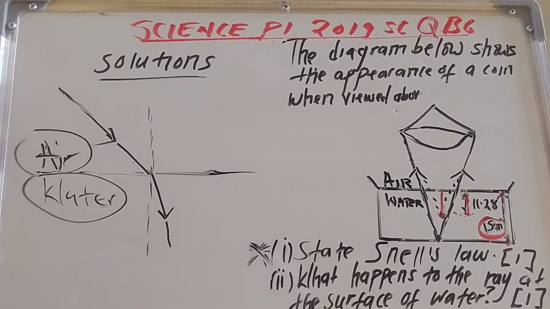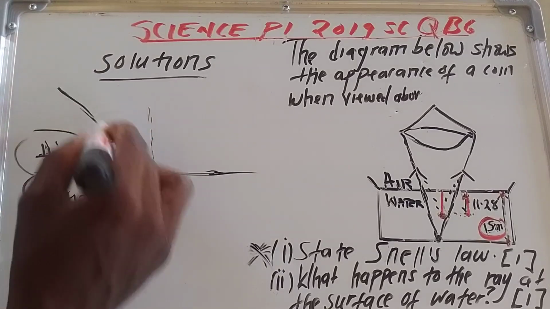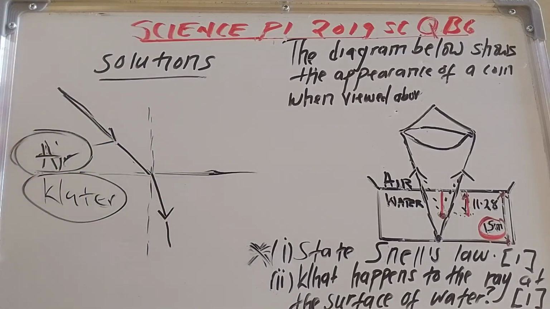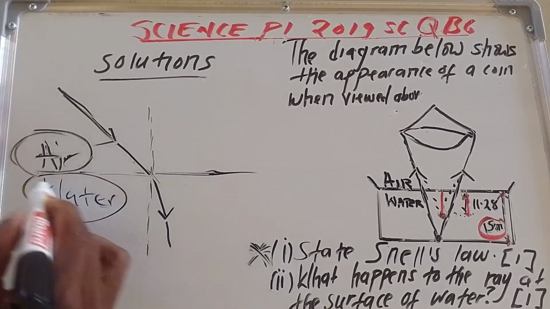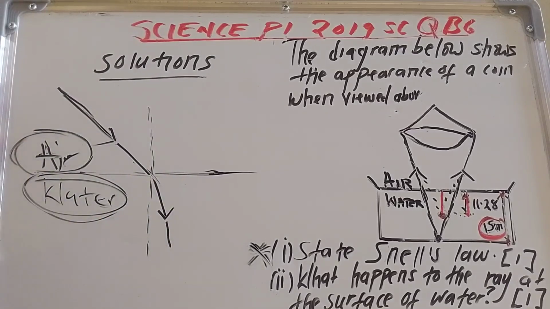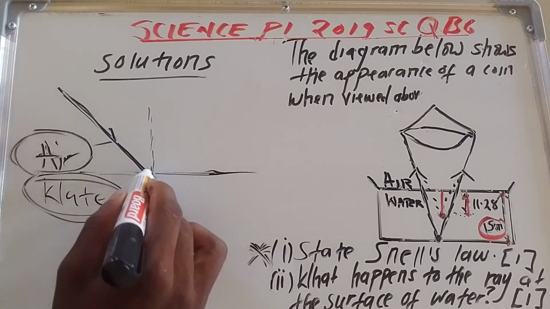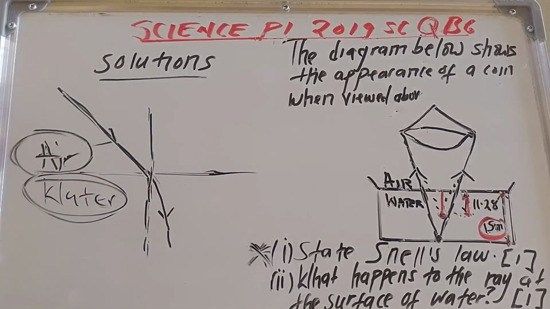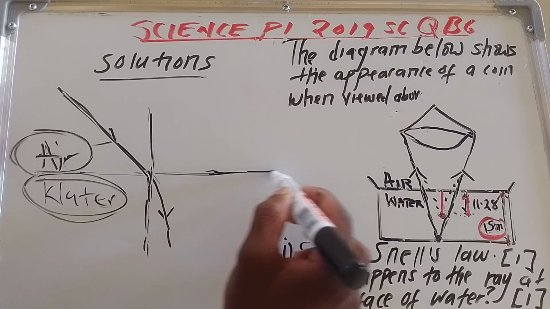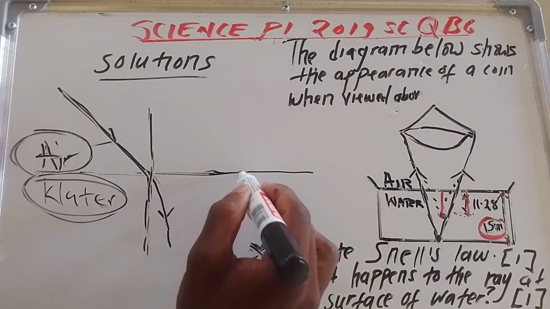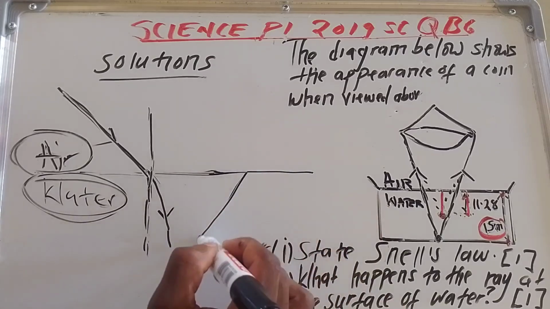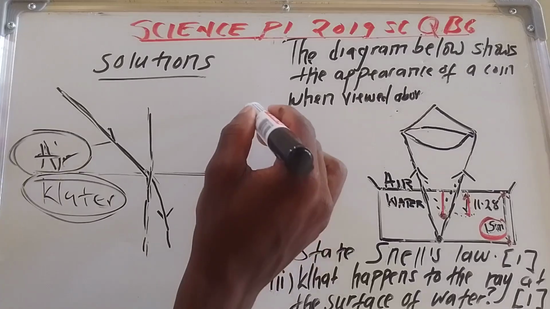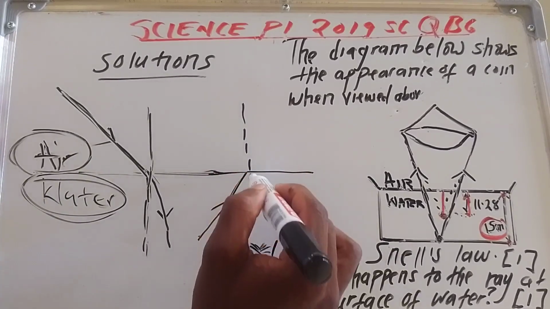I hope you're getting it. So whenever a ray of light is passing from a less dense medium such as air into a denser medium such as water, this ray of light is going to bend towards the normal. But whenever a ray of light is passing from a denser medium, let's say, for example, in a case where it is coming from water and going into air, we are always going to have a normal.